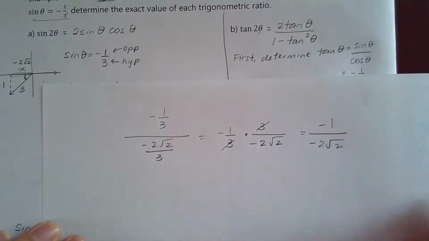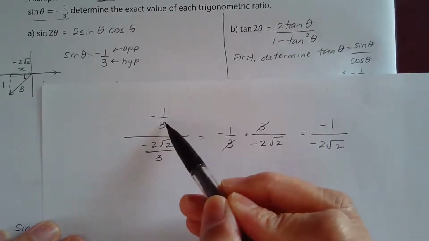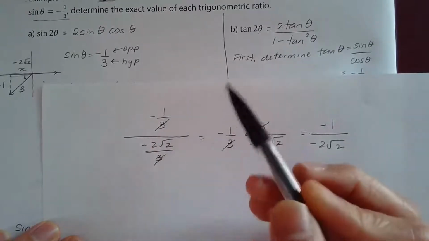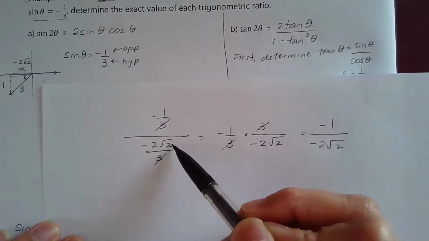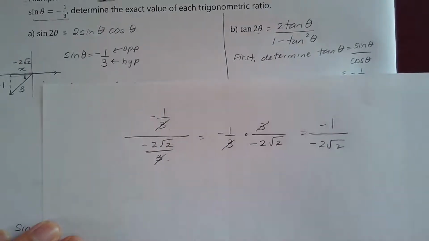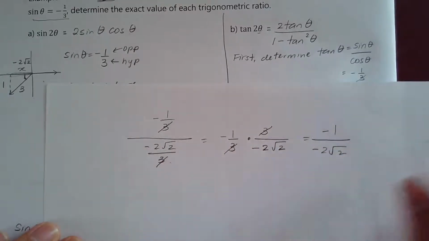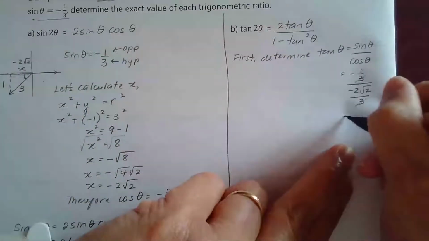root of 2. So what I did here is they have the same denominator, and I can cancel that one. But it has to be numerator, denominator, divided by numerator, denominator. Okay, so that's just an explanation of how I got to that part.